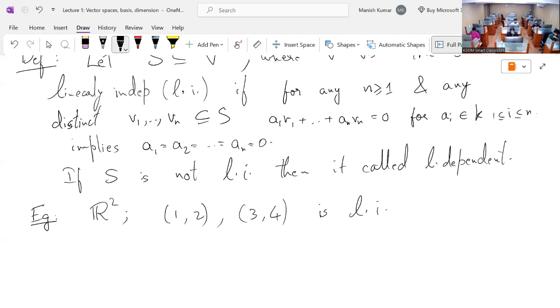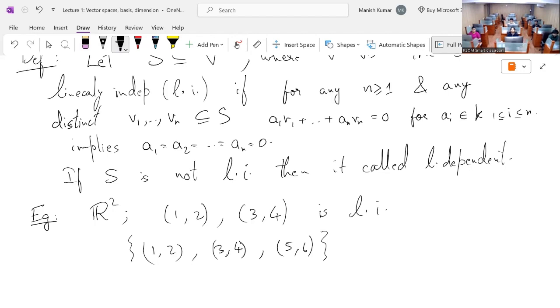How about if I add one element, 5, 6, to 1, 2 and 3, 4. Is this a linearly independent set? Yes or no? No, this is linearly dependent, yeah?